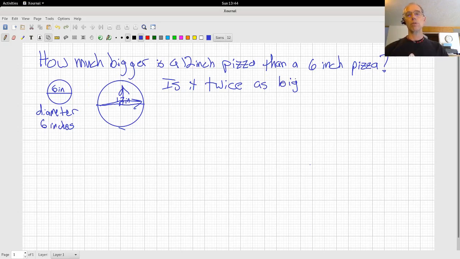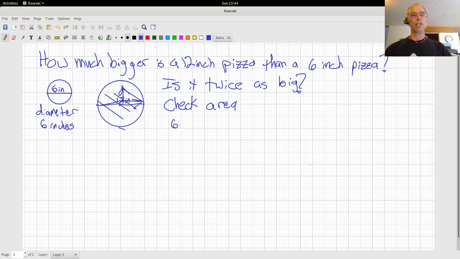So is it twice as big? I think what we need to do here is figure out the area of these guys. So let's check area. That seems more reasonable, because it's hard to tell exactly how much bigger this 12-inch one is than the 6-inch area-wise.